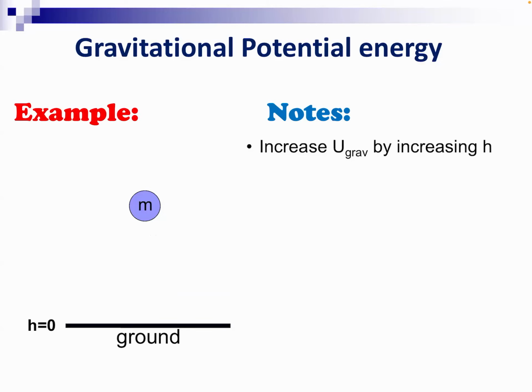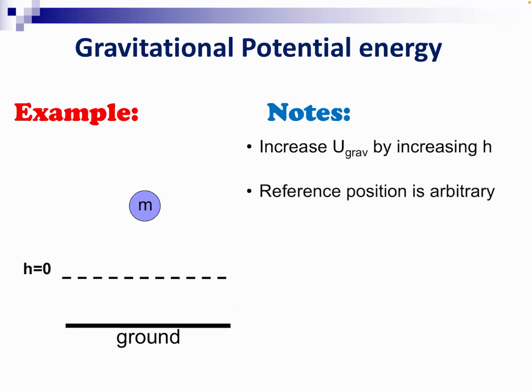Okay, but there's nothing stopping us from choosing any other reference points or other reference heights. The reference position that you choose is arbitrary. There's nothing stopping you from choosing, say, this certain height to be your reference point, and so you assign h equals 0 to be this reference height.